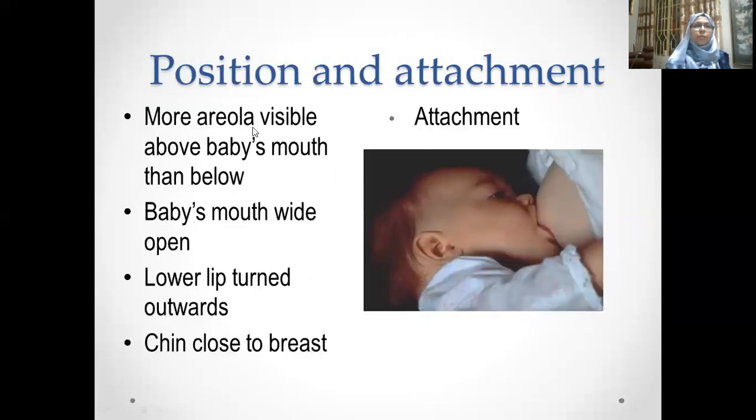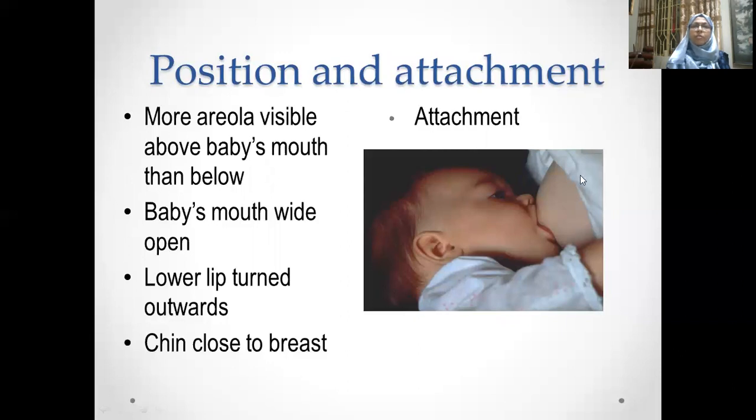Attachment, 4 points of attachment. In dark skin, you can see the areola more clearly than in white skin. Here the areola is not well visualized, but usually if the baby is well attached to the breast, more areola will be visible above the baby's mouth than below.